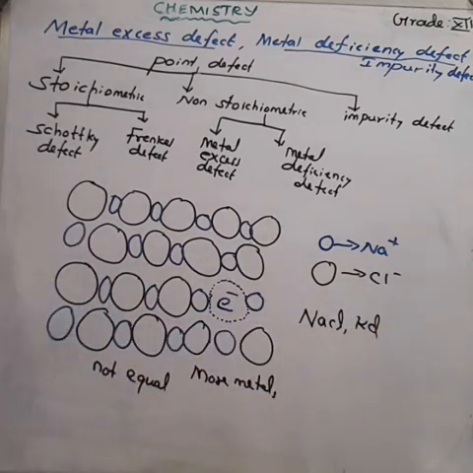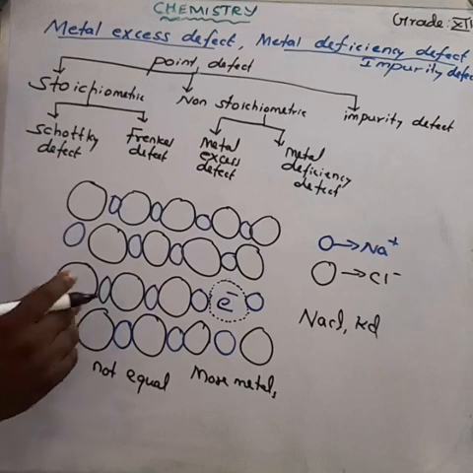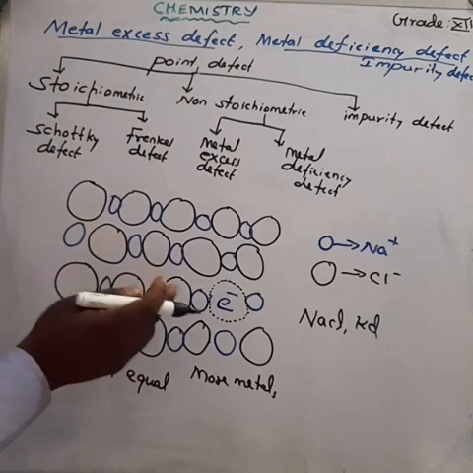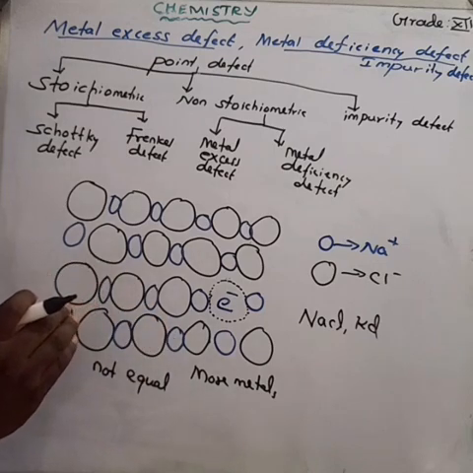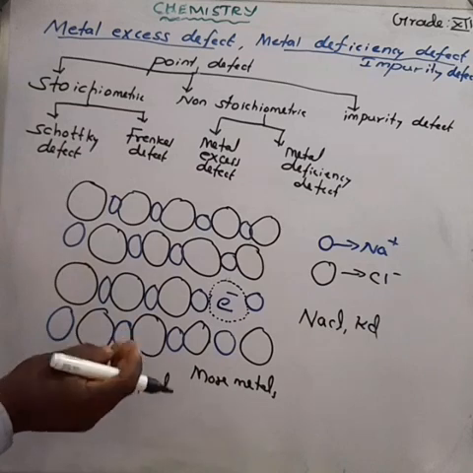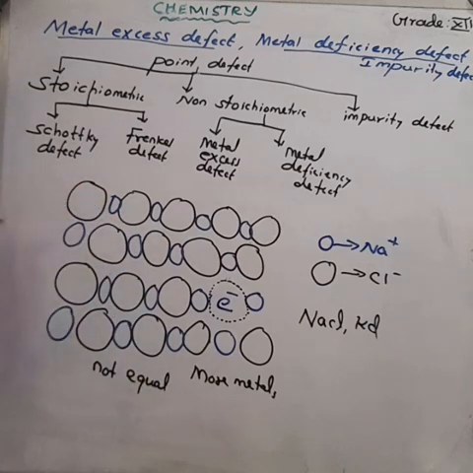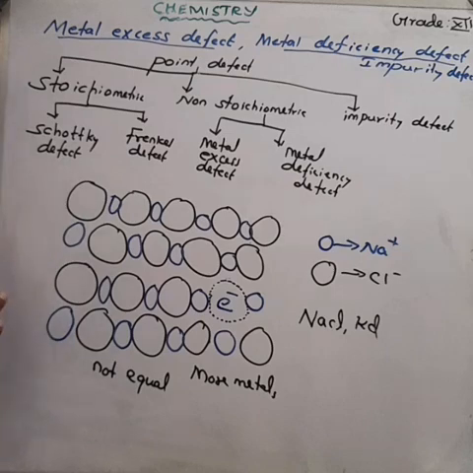Here, the anionic vacancy is equal to the excess metal ion, forming an anionic vacancy. Otherwise we can say it is the presence of extra cations and electrons in the interstitial position.